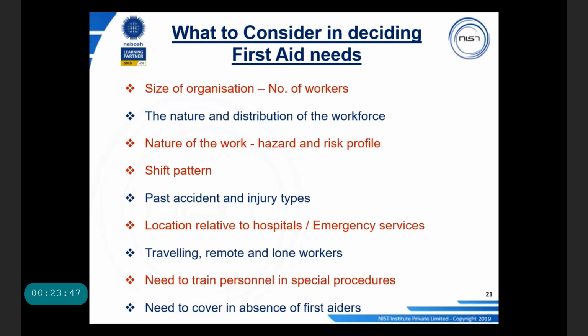Size of the organization, that is, number of workers. Can you explain why the number of workers needs to be considered as a factor? Legal reasons. Arun, can you elaborate a bit? What do you mean by legal reasons?